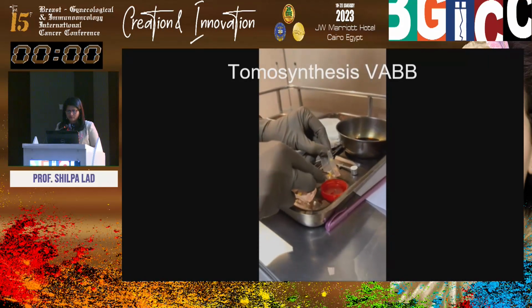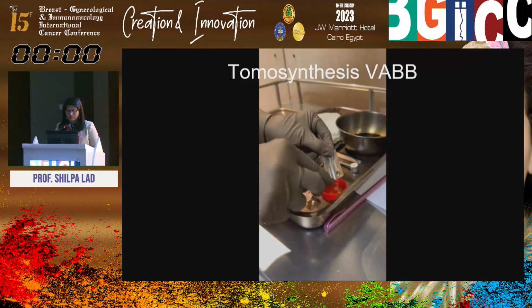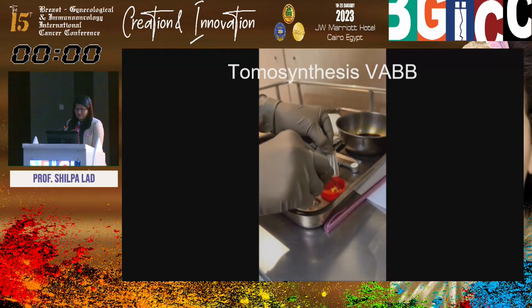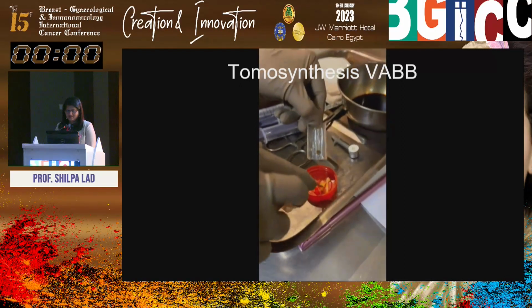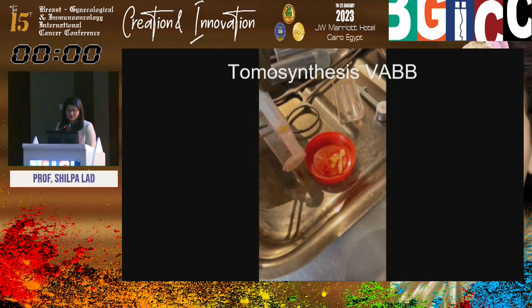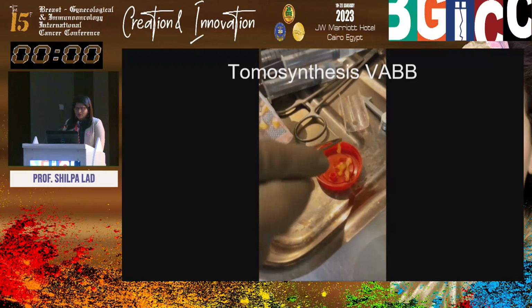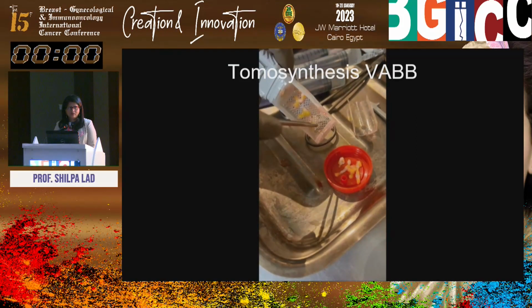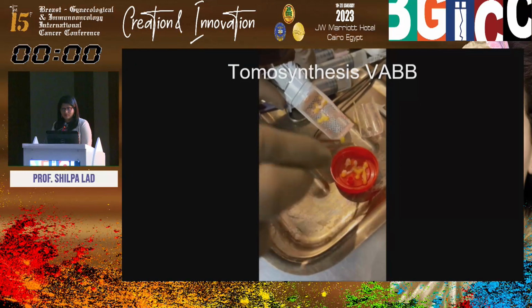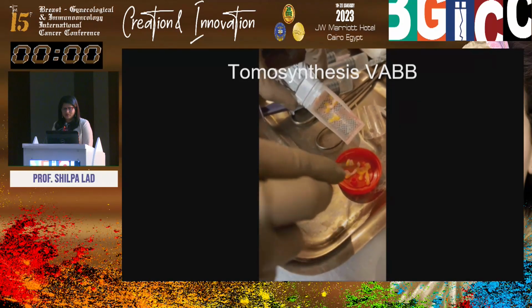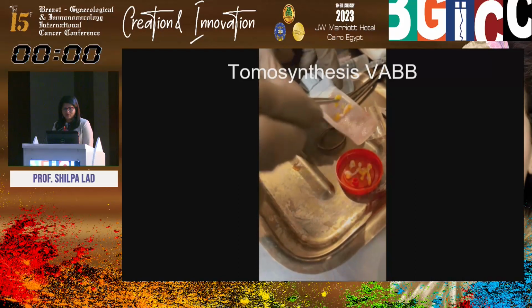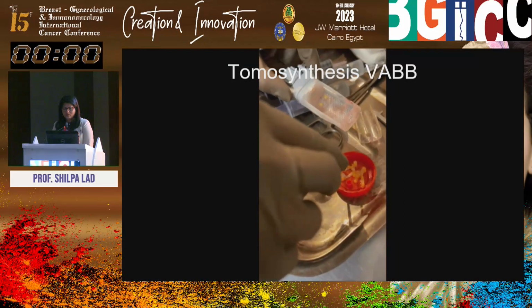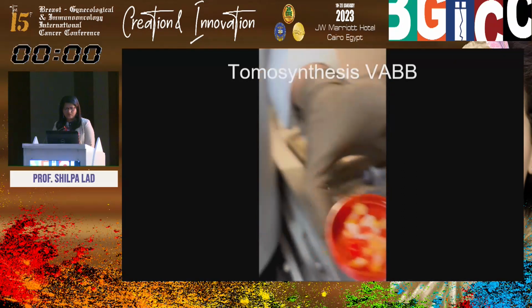The entire purpose is so that we are able to look for microcalcifications in this specimen. A specimen radiograph now.